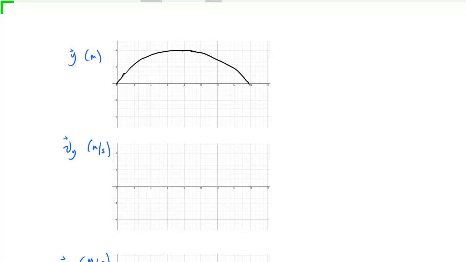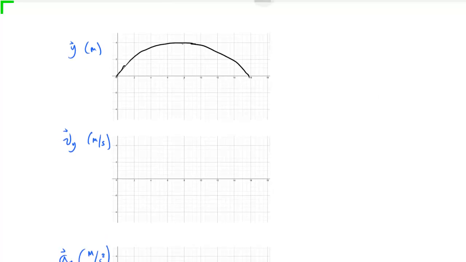Now if I want to plot the velocity versus time graph, I would note here that we have a positive slope, so positive velocity, and then it becomes a 0 slope, so 0 velocity, and over here it's a negative slope, so a negative velocity. So I need to have something starting out positive, maybe up here, and then at 8 seconds it should be 0, and then at 16 seconds we should have negative.